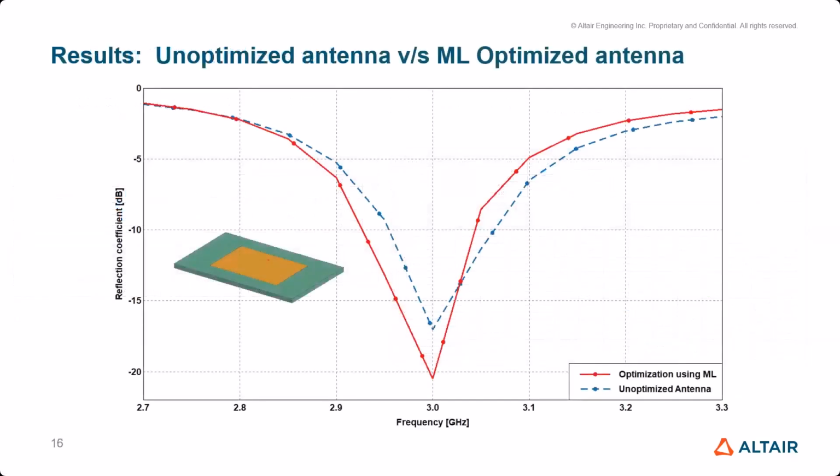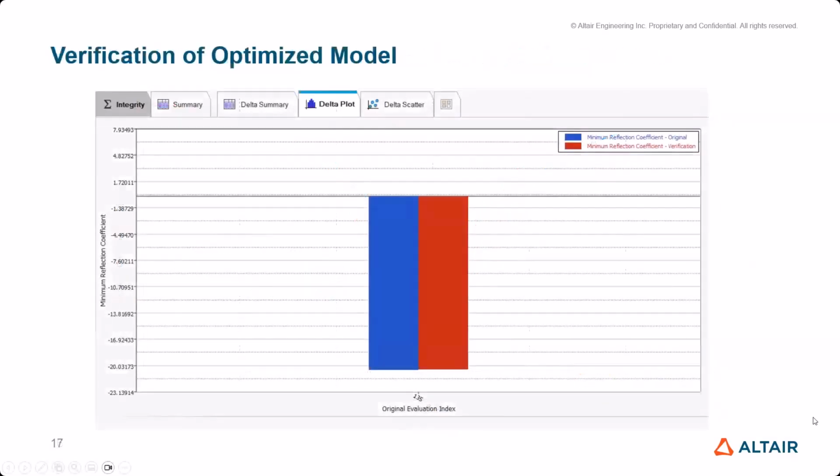In this case, since our aim was to minimize the reflection coefficient, here we can see a comparison of an unoptimized antenna, which is already giving a good reflection coefficient of -17 dB, versus an optimized antenna using machine learning, which is giving a reflection coefficient of somewhere around -21 or -22.